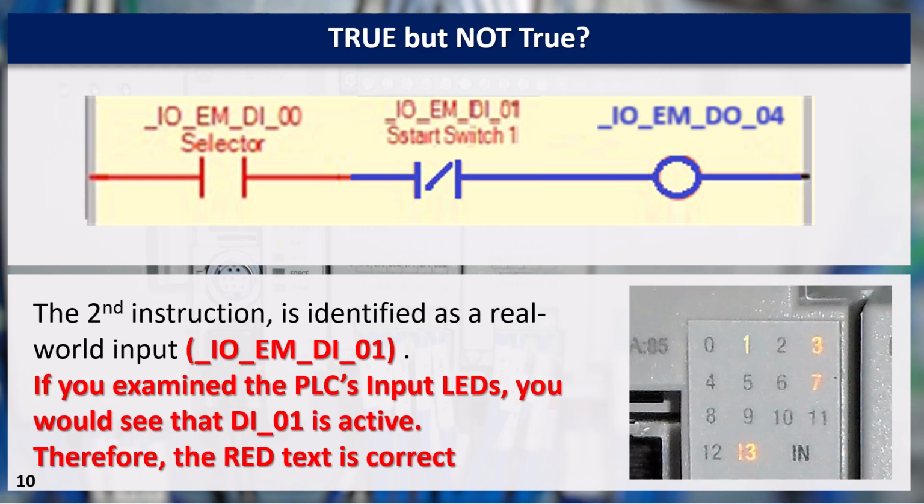The second instruction is identified as a real-world input, IOEMDI01. If you examined the PLC's input LEDs, you would see that DI01 is active. Therefore, the red text is correct.